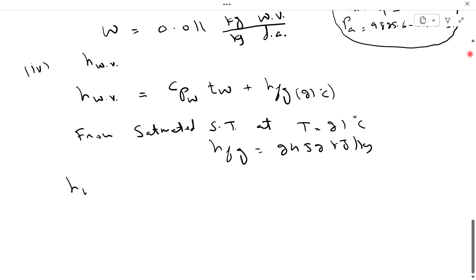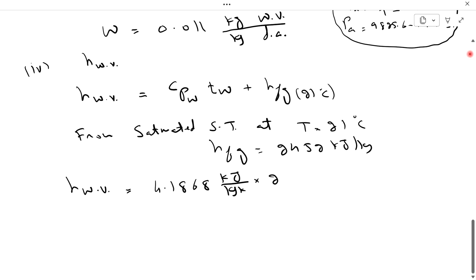So enthalpy of water vapor is equal to the specific heat capacity at constant pressure of water vapor, 4.1868 kilojoule per kilogram per Kelvin, times temperature 21.